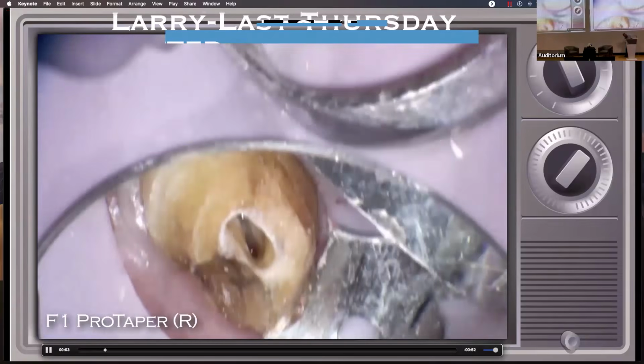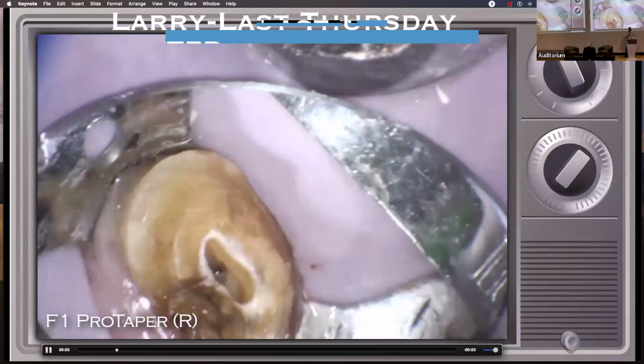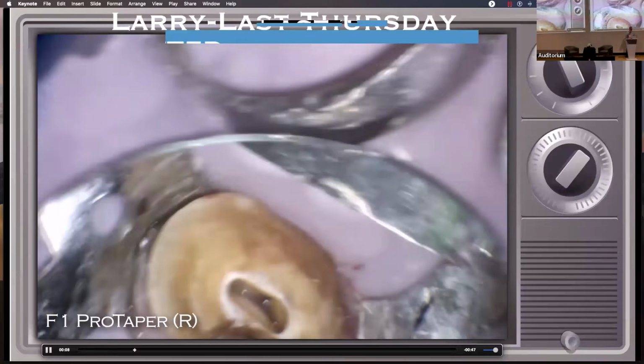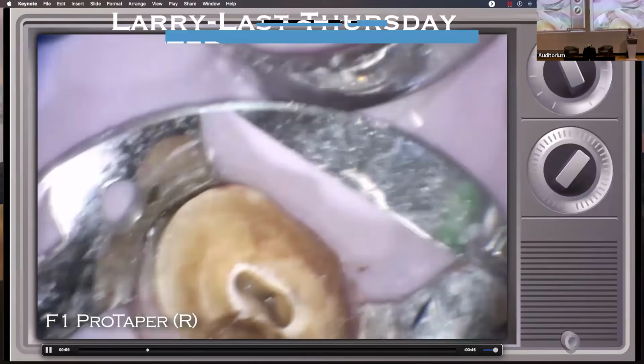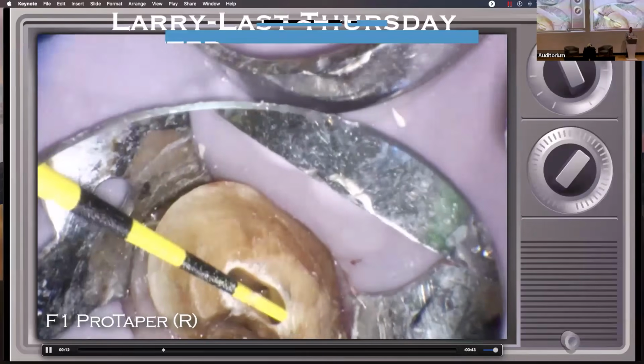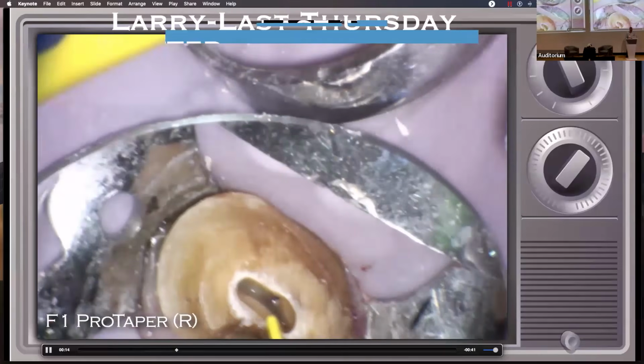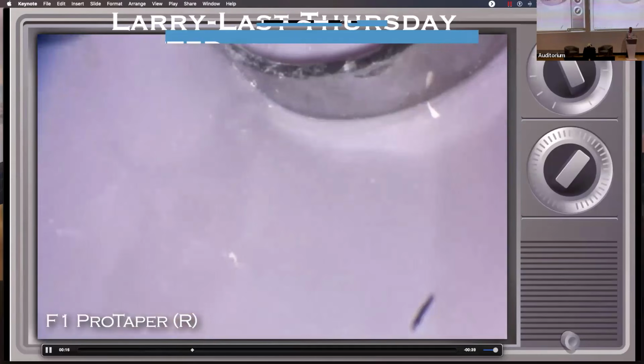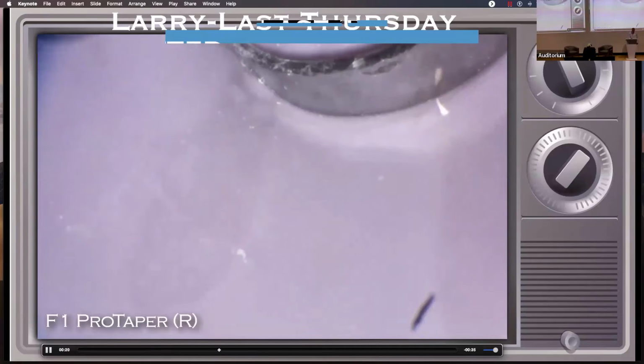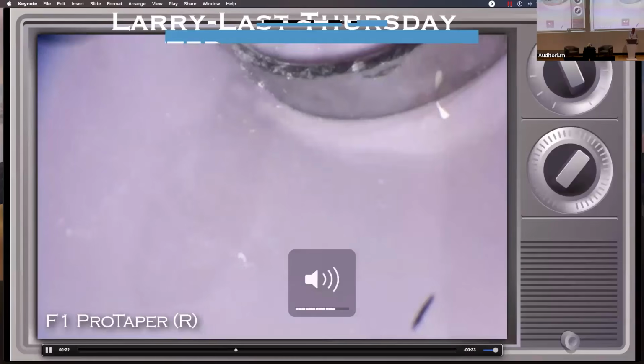So there's the MB, the DB, the palatal. And here's the size of our access. And what we'll really be telling is to put a ProTaper over the access.